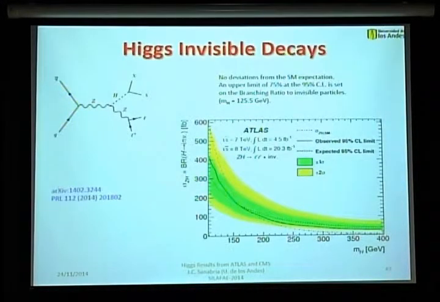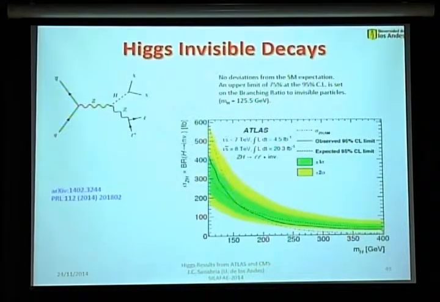Higgs to invisible decays. This channel is very relevant in its possible connection with the search for dark matter, in particular in those models in which the interaction between the dark matter and ordinary matter is mediated by the Higgs, like the so-called Higgs portal dark matter models.